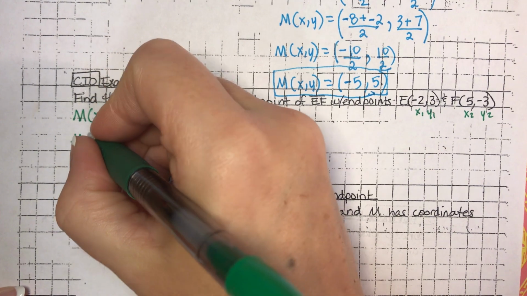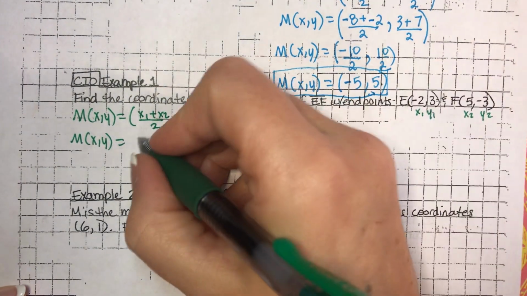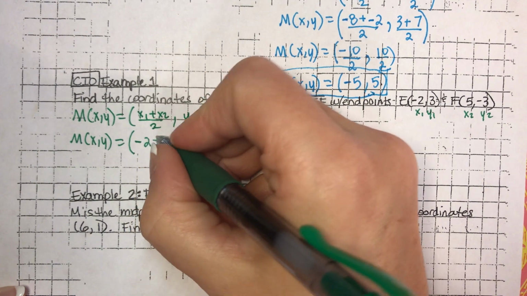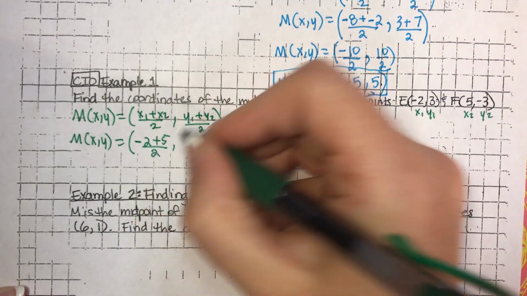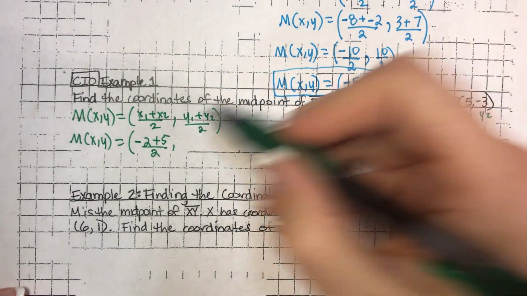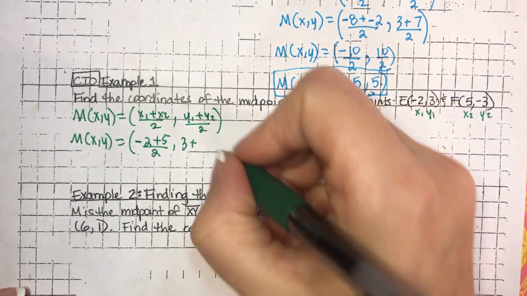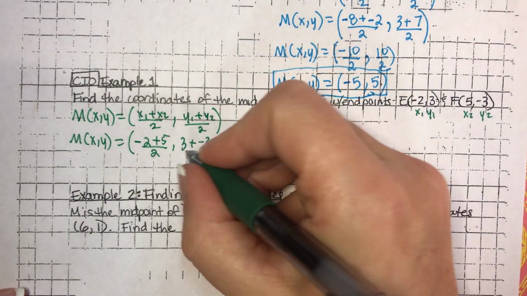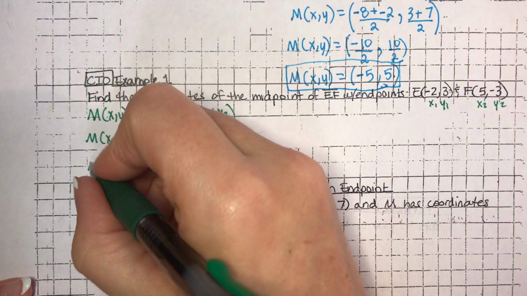Okay, we can do that. Rewriting this, my x1 is negative 2, plus my x2 is 5, all over 2, comma, because we end up with an ordered pair, which is kind of cool. y1 is 3, plus y2 is negative 3, all over 2. Then we're just going to simplify this.